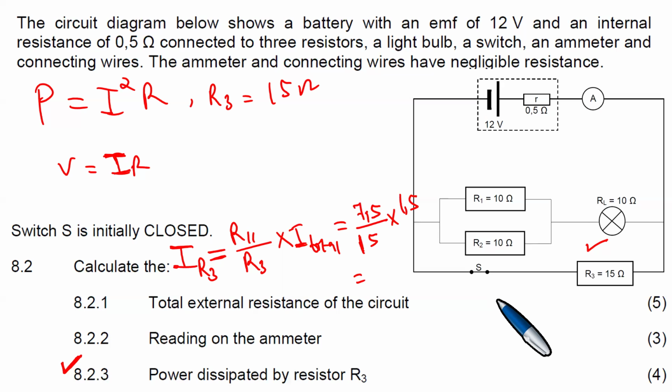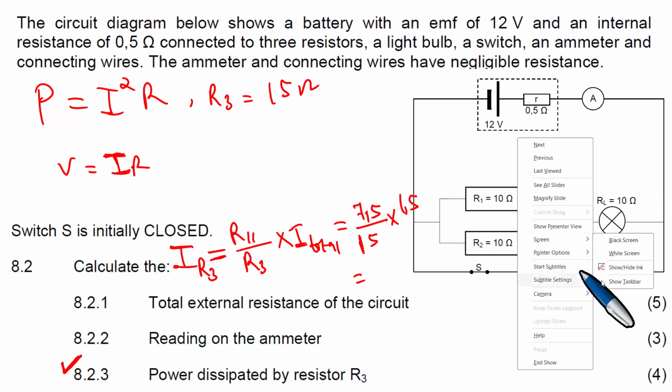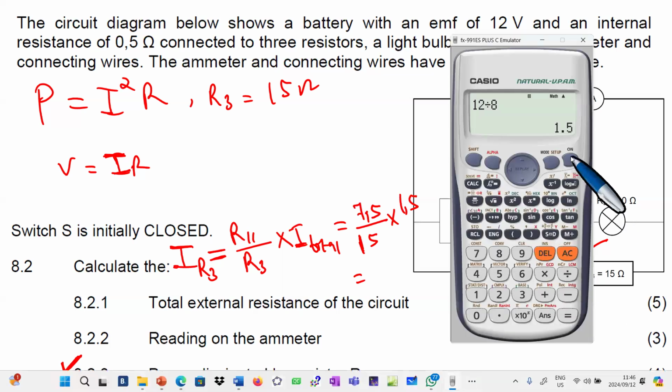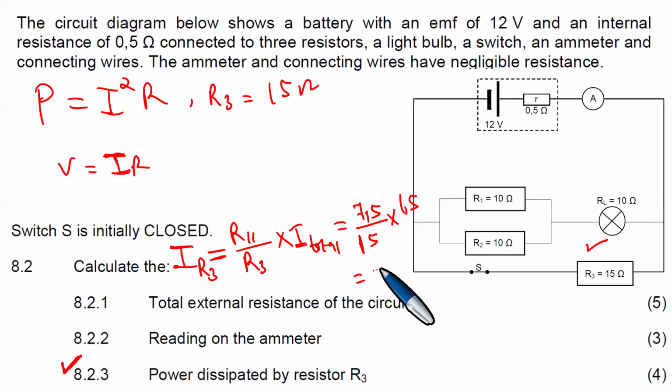You can use all sorts of ways, but this is one of the methods we can use. So you'll have the 7.5. Okay. 0.75.